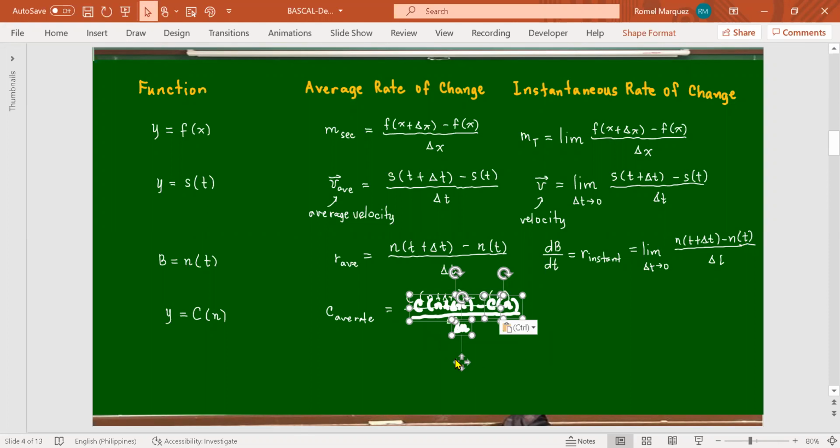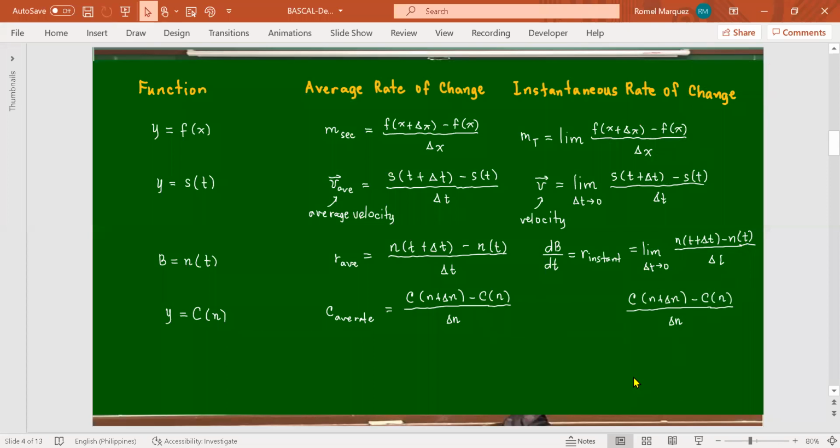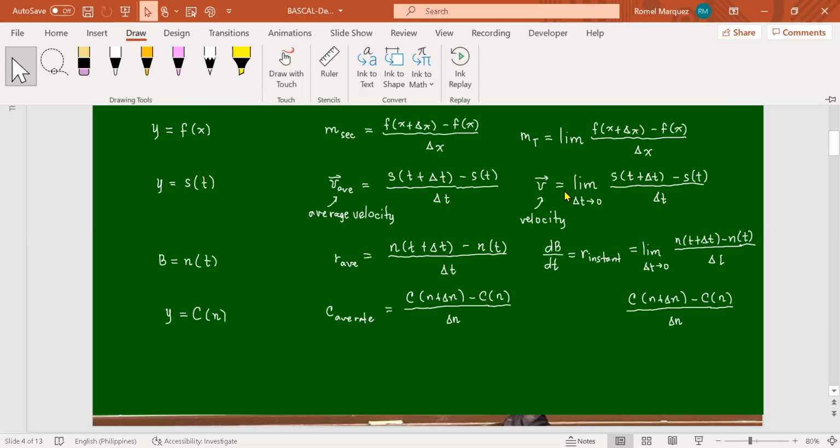Alam niyo ba ang tawag kapag kinuha niyo ang instantaneous rate of change ng cost? May special name yan, kagaya ng average rate of change ng distance with respect to time. So if I take the limit, what is this now, guys?